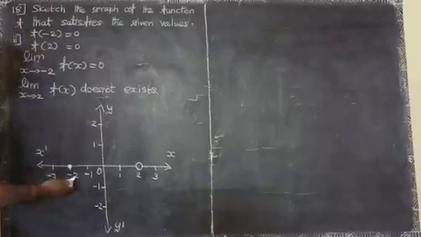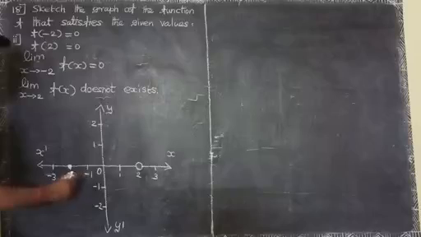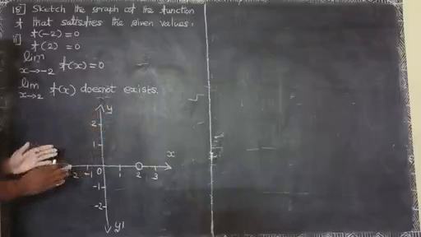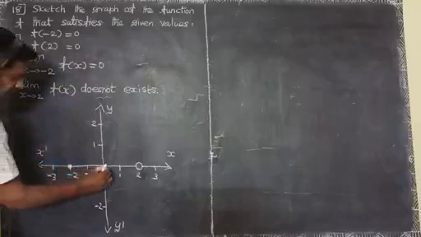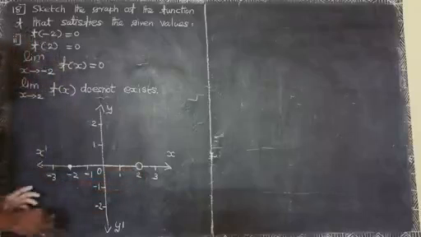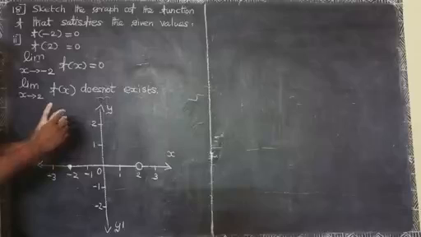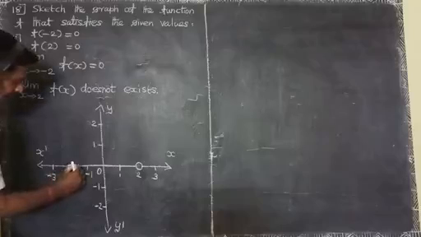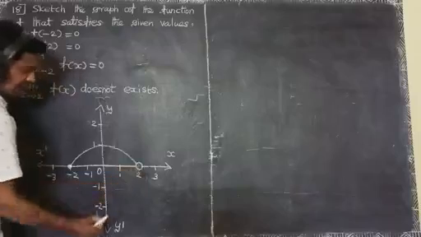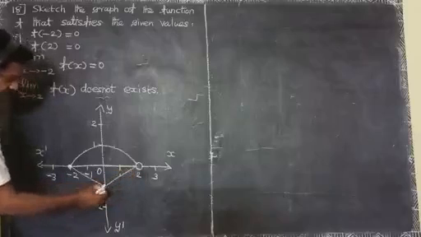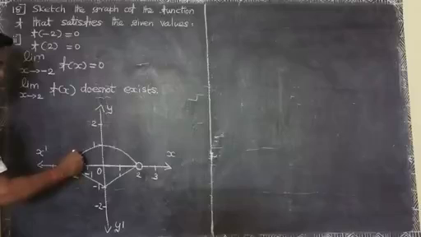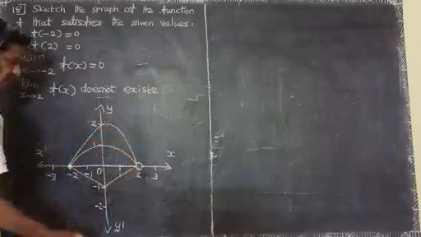Here, from minus 2 to 2, suppose the given function has a single straight line, or suppose the given function is a quadratic, that is a curve, maybe this curve or this type or this type, any one.